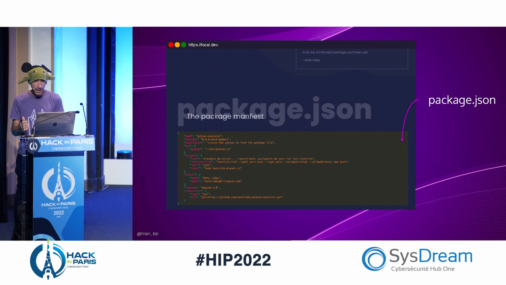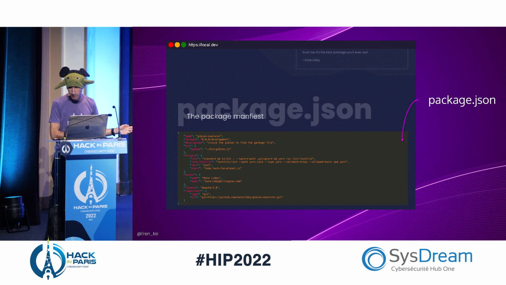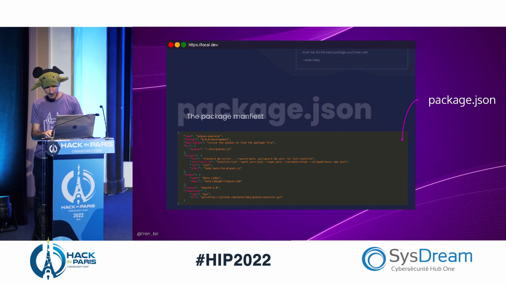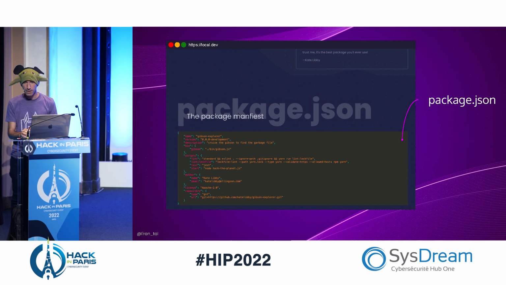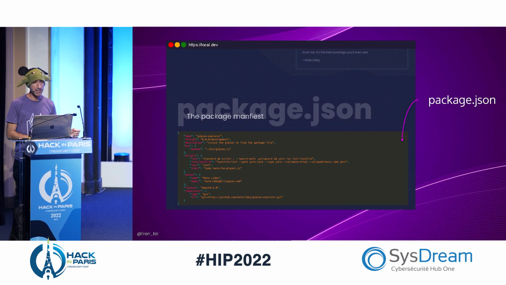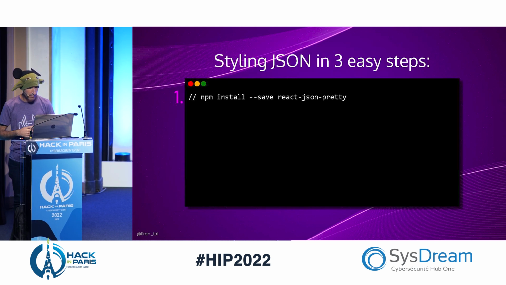So I can go ahead and write some code to do this, or why should I write the code if I have this already done for me? So here are really simple steps, three of them, to basically get that functionality as a JavaScript developer.